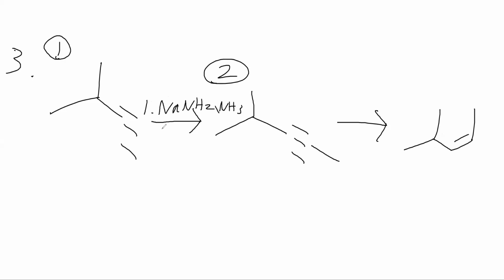And then the second step, it could be CH3Cl or CH3Br. Those two work fine because we're adding 1 carbon and we added 1 carbon here. So first step deprotonates, second step adds a carbon. And then to get from 2 to 3, what would we have to do?